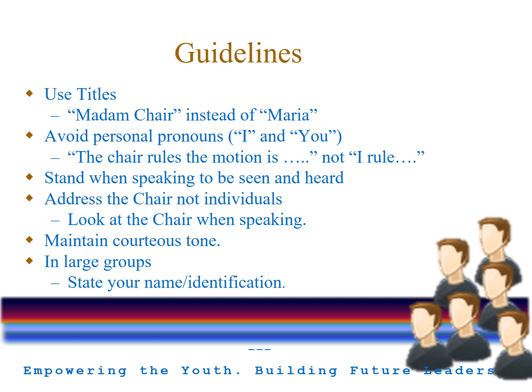And for the chair, he or she should avoid personal pronouns like I and you. Instead of saying I rule, he or she would say the chair rules, the motion is, then he or she states the motion.